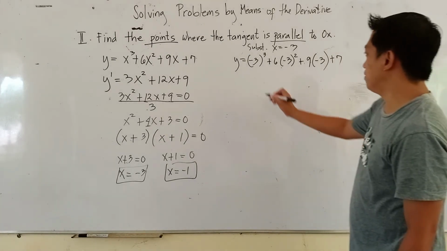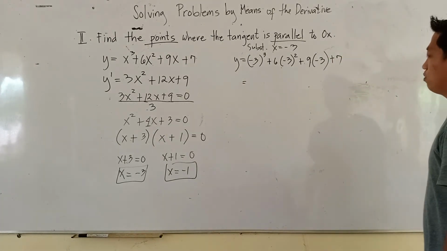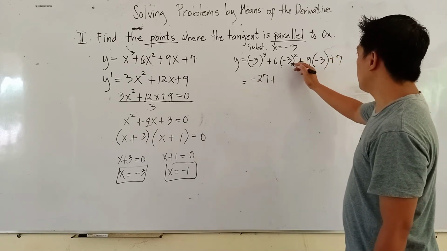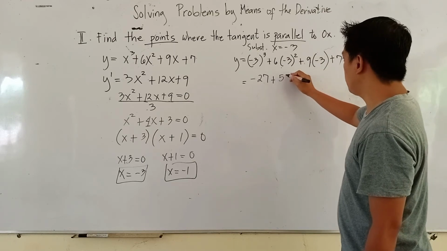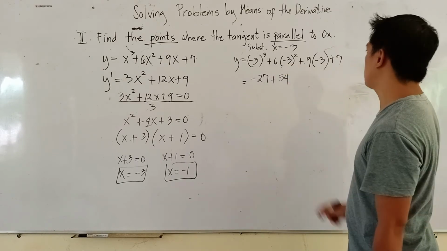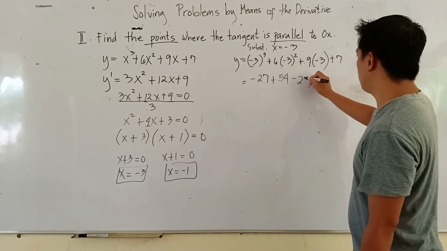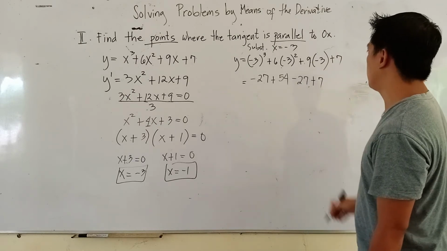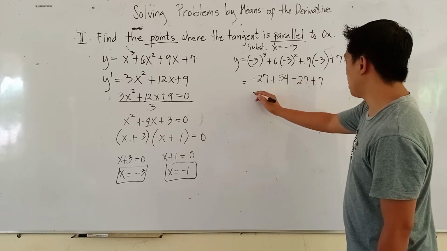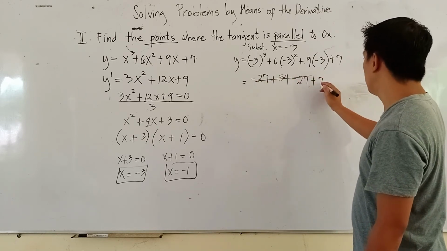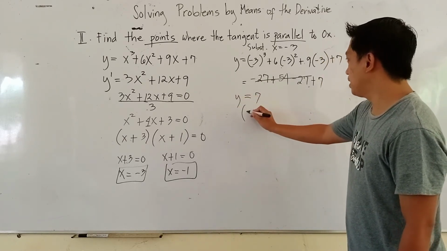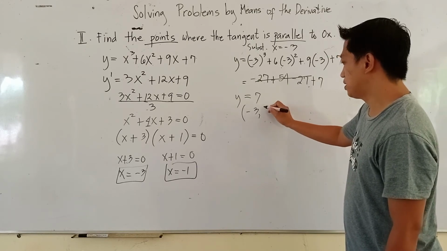Okay, so we have negative 3 cubed is negative 27 plus negative 3 squared is 9, times 6 is 54. 9 times negative 3, that is negative 27 plus 7. So this is equal to negative 27 and negative 27 is negative 54 plus 54, this is 0. What's left is 7. So y equals 7. So we have the point negative 3, 7.